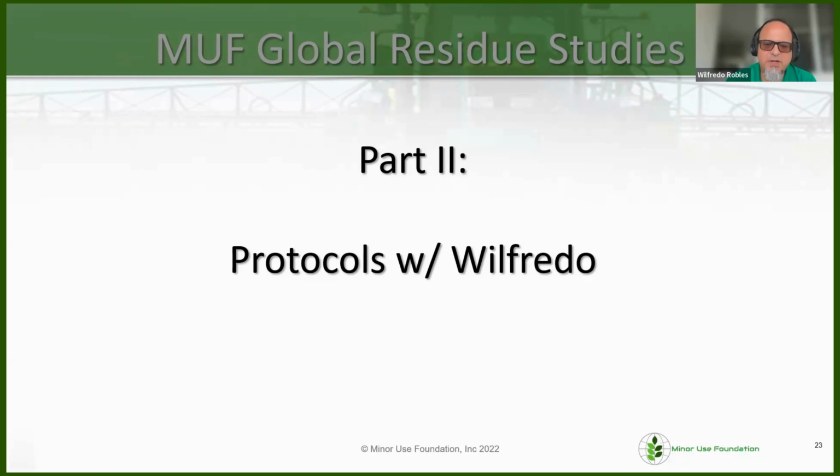Well, it has to be indicated by the protocol. Some of the protocols require the use of adjuvants, and some of them not. So it all depends. I know that if the registrant wants an adjuvant, we will list it in the protocol. What I'm getting at is, it seems like we have a statement in there that says you can use an adjuvant if it's a common practice in that particular crop.